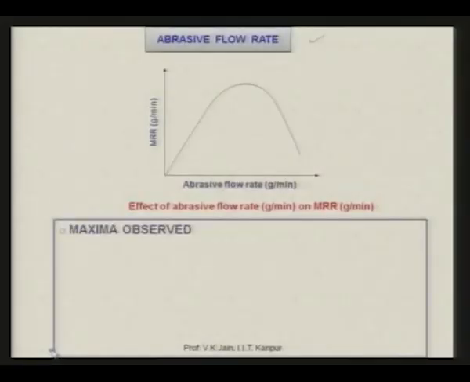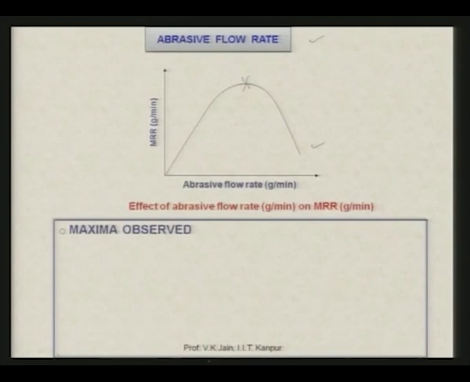Okay, let us now see the effect of different process parameters on the performance of the abrasive jet machining process. First, let us consider abrasive flow rate. Now, you can see here, as abrasive flow rate is increasing, the material removal rate in terms of gram per minute is continuously increasing up to a certain point, and there is an optimum or maximum value of material removal rate, beyond which it starts decreasing.